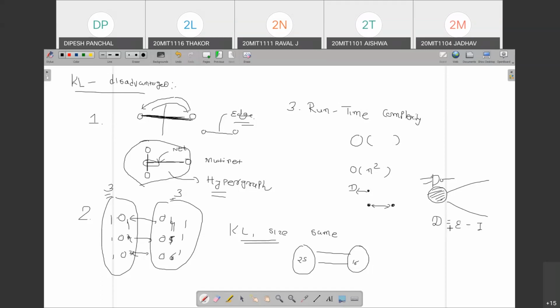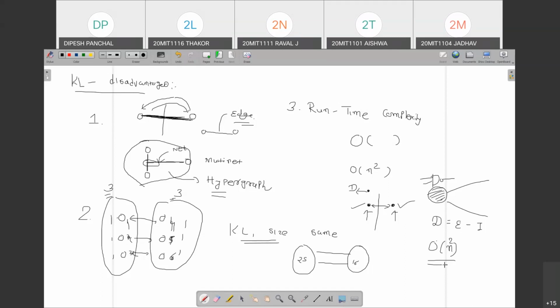If there are n number of nodes, then the runtime complexity is O of n. If I want to do the calculation for 2 nodes, because this Kernighan-Lin algorithm works on swapping, then for the nodes here I also need the D value and G value, and for the nodes here also the D value and G value. If you recall the steps, so O n square complexity. Is it fine? Yes, sir.